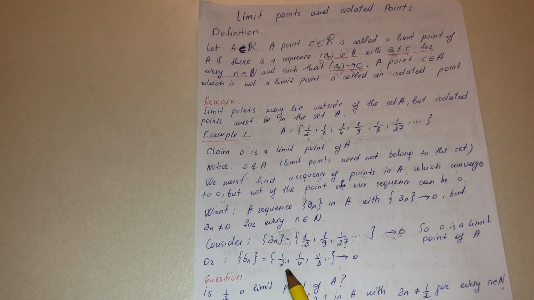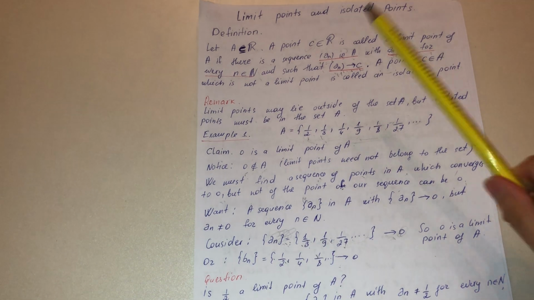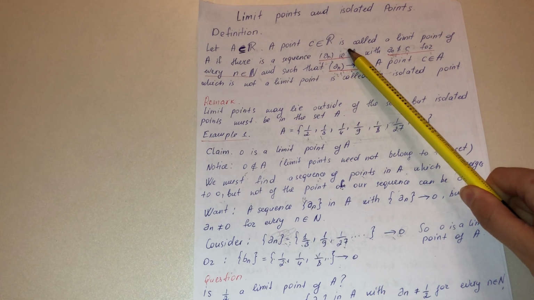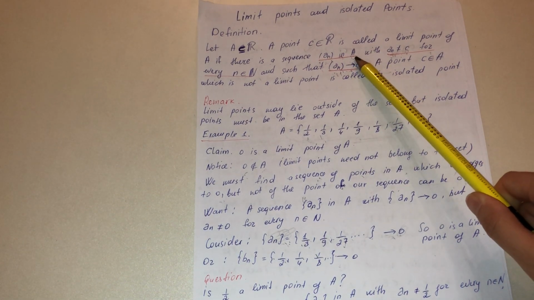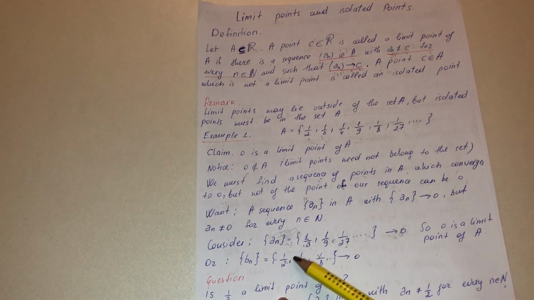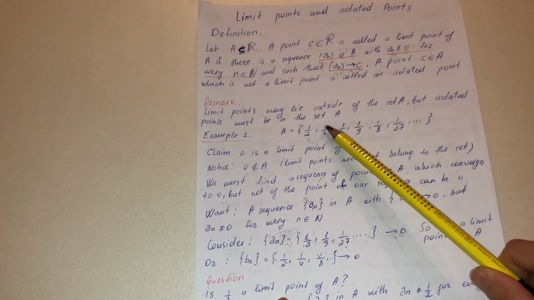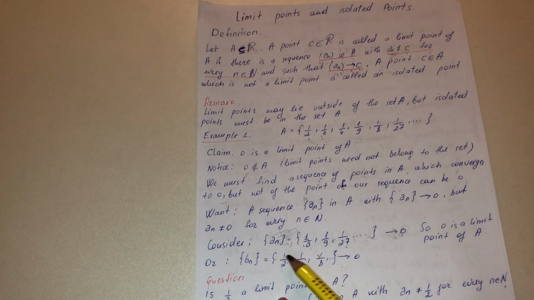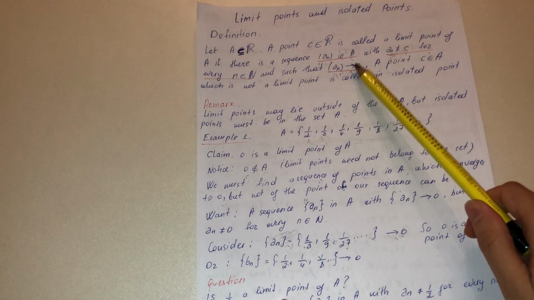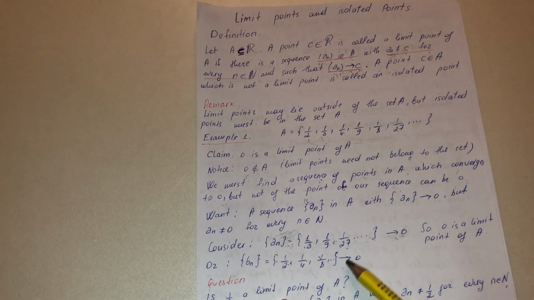Or another sequence, 1/2, 1/4, 1/8. Also the first condition is satisfied, our first rule is satisfied. Yes, it is from our main set. And there is no zero inside of this set. Yes, this sequence is not equal to 0, but it converges to 0.